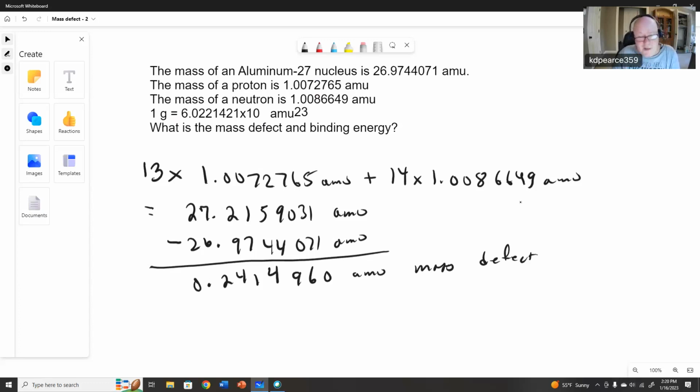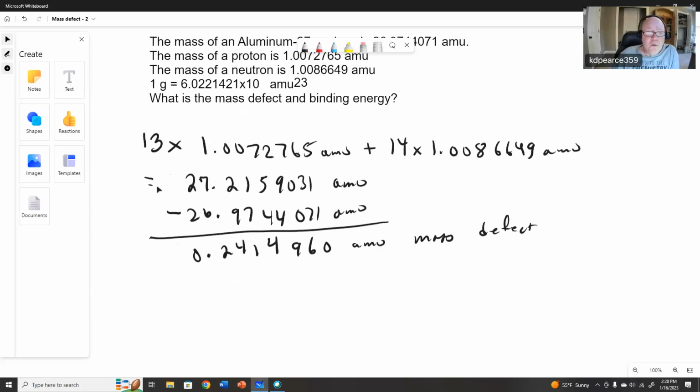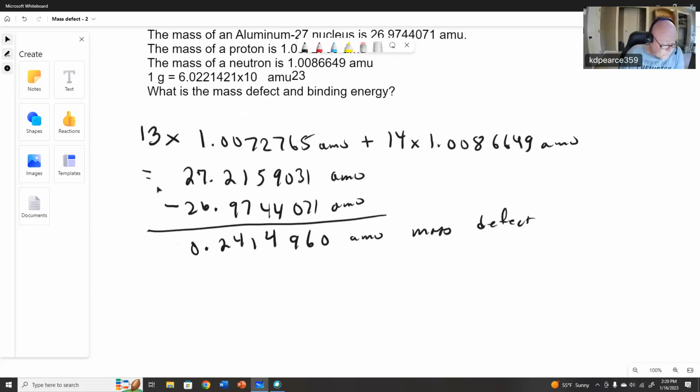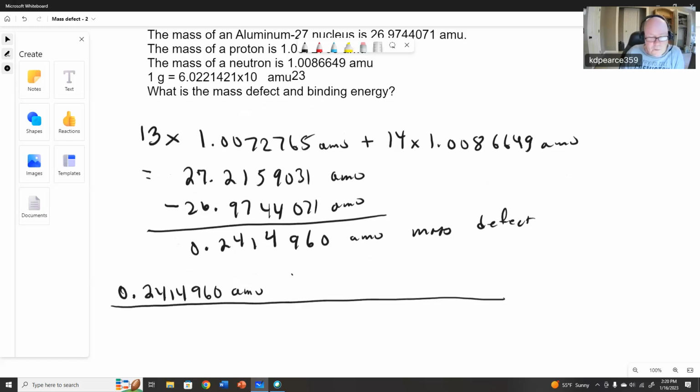Now, we can't plug in AMUs for our binding energy, which is E equals mc squared, but what we can do is convert our AMUs into kilograms, and that's easy peasy. So we say 0.2414960 AMUs, and 1 gram is 6.0221421 times 10 to the 23rd AMUs.